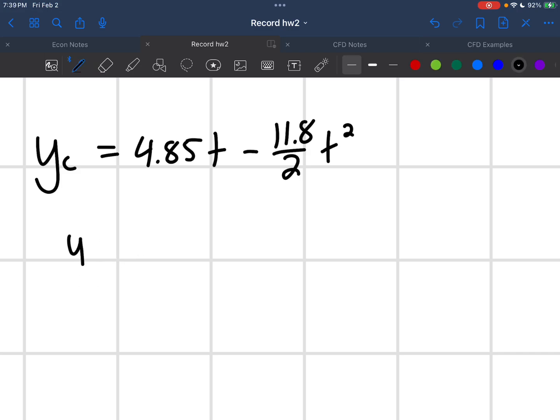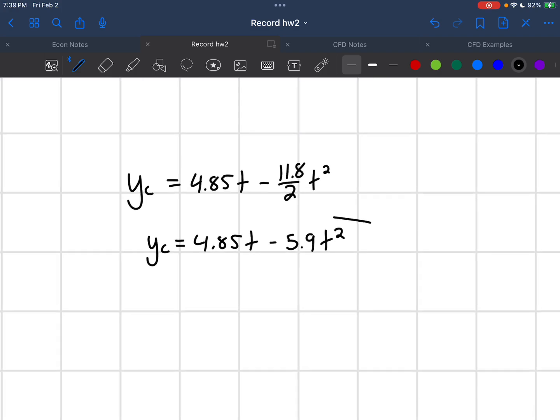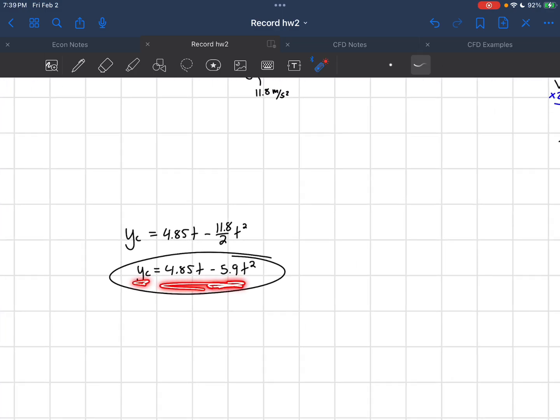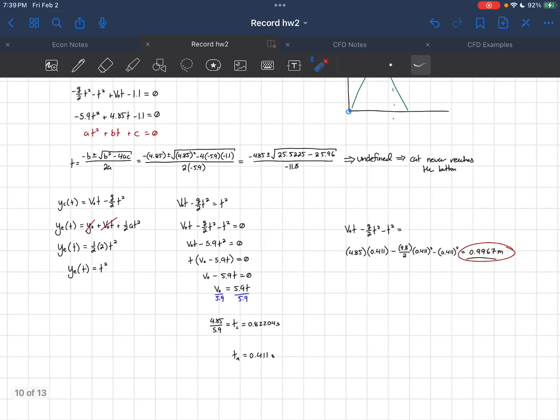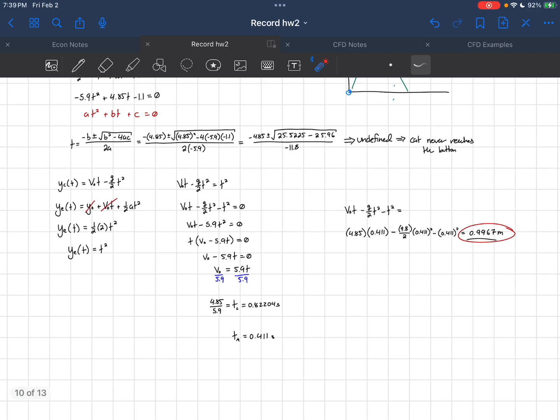Simplifying that, I get y c is 4.85 t minus 5.9 t squared. And we might recognize this for my cat's position above the ground is the exact same equation as my cat's position above the elevator floor.